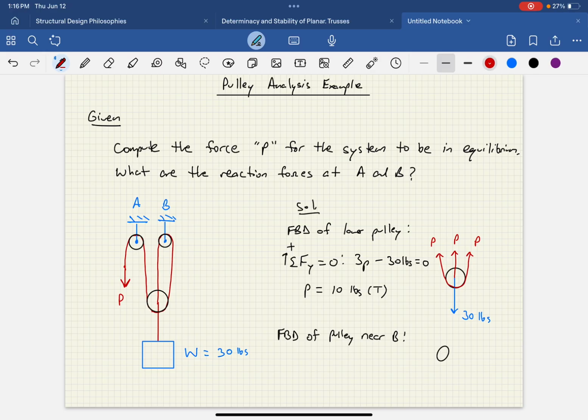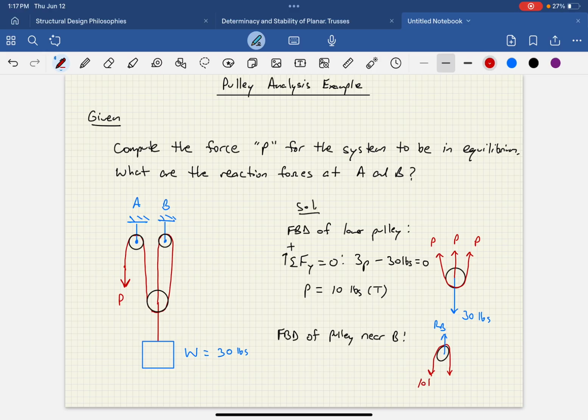And I've got the rope hanging around here. And then I have this reaction at B. Now, what are the forces in this rope down here, right? And we're looking at these 2 forces. Well, that's just these 2 P's, but going in the other direction. And we already know what those 2 P's are, right?